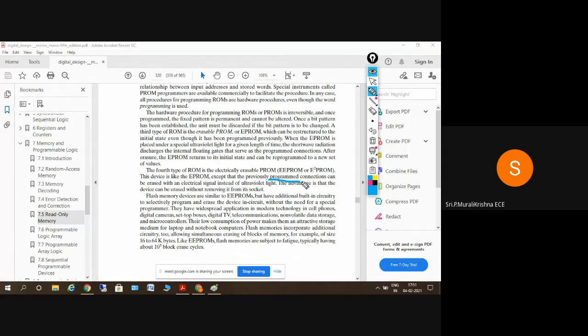The connections can be erased with electrical signals instead of ultraviolet light. In the earlier case, the PROM should be removed and taken to the ultraviolet light, but in this case, just by putting the PROM into the electrical socket, we can erase the previous connections. Getting my point?